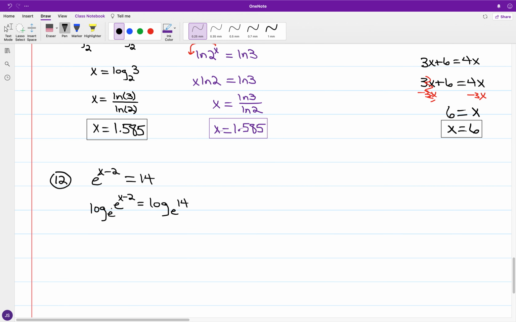So the base e logarithm of e to the x minus 2 becomes x minus 2. It's almost like deja vu, because you've got the base e logarithm of a constant, and that's just, again, going to be the natural logarithm of 14.